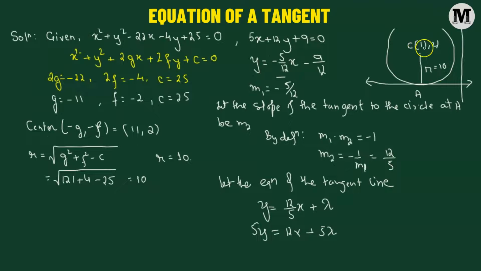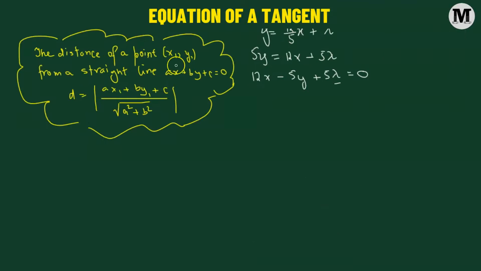Now we have the coordinates of the center, 11 comma 2, and we want to find the distance CA. We can use the formula for the distance of a point from a straight line. If we have a point with coordinates x1 comma y1, the distance of that point from the line ax plus by plus c equals 0 is given by this formula.